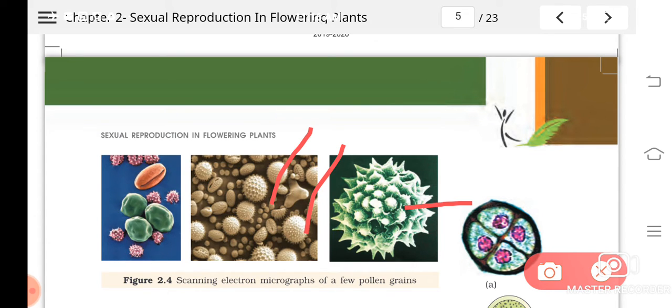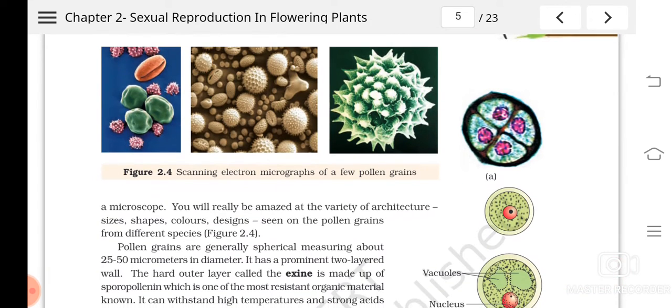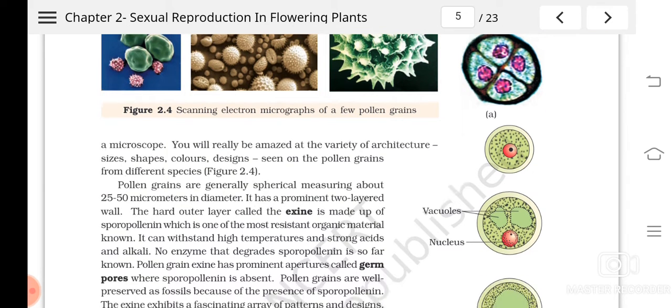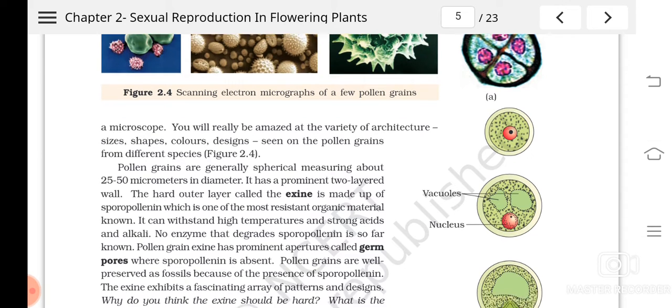So this will be very specific to the pollen grain. If you get one, we can identify which species the pollen grain belongs to, because that is very specific to each species. Clear? So exine shows various ornamentation, and it also contains a substance known as sporopollenin, which is very resistant.